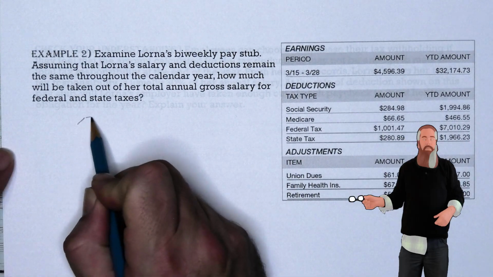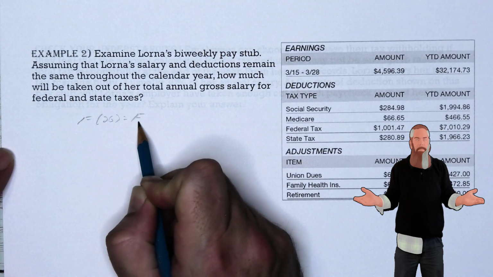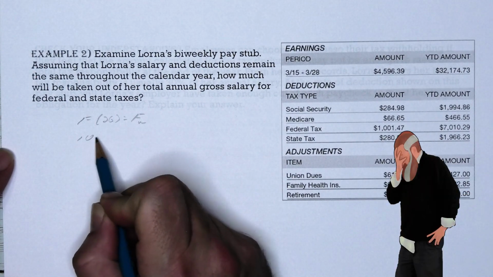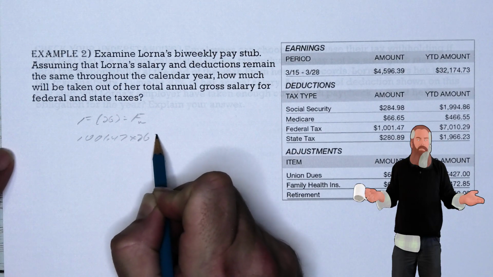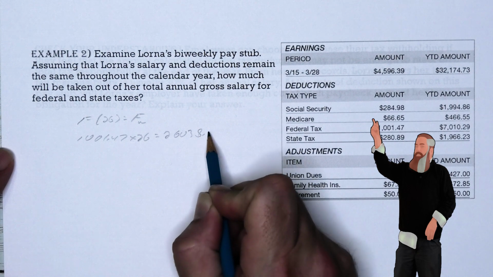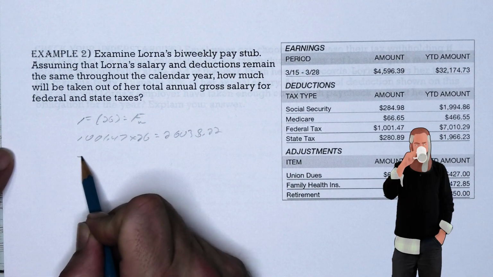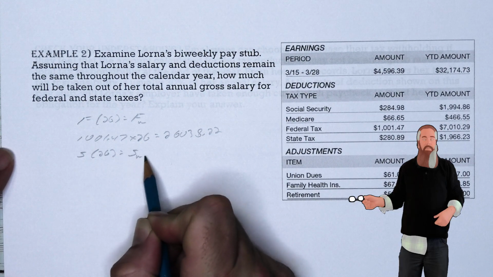So her federal withholding times 26 will give her federal withholdings tax, meaning $1,001.47 times 26 will give us $26,038.22. Now her state deduction times 26 will give her state withholdings.